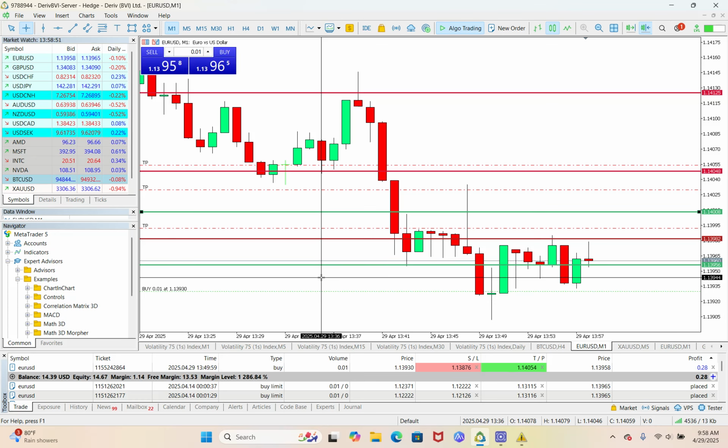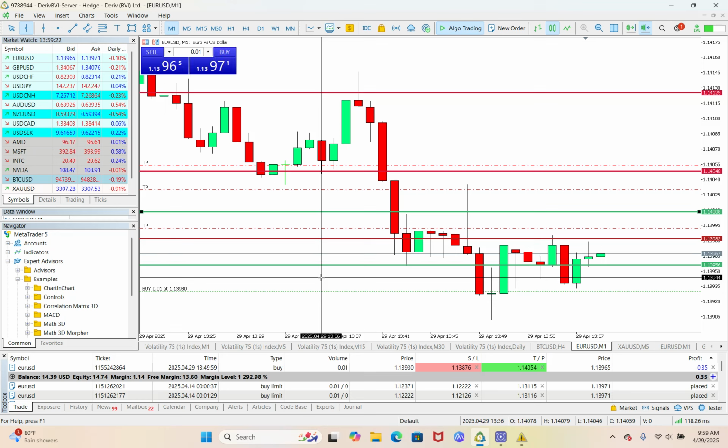Buyers make another attempt again with a thrust. Indecision candle. The market might continue in the direction that it is going. Buyers make an up move. Sellers are resisting.